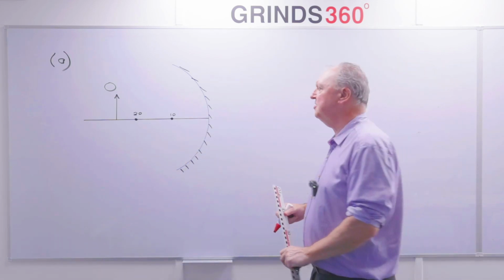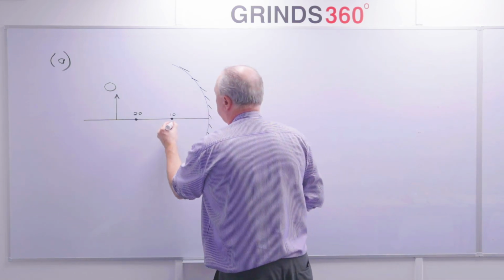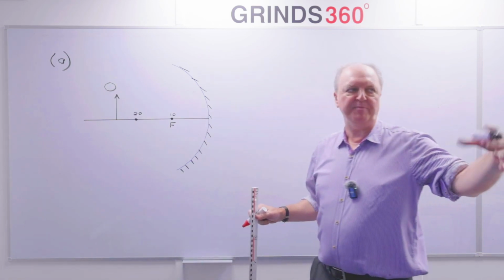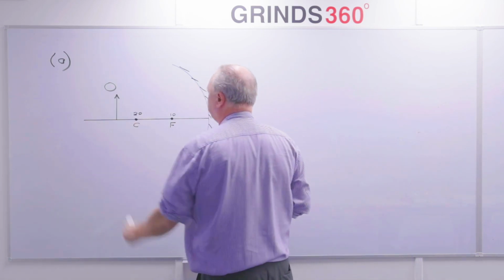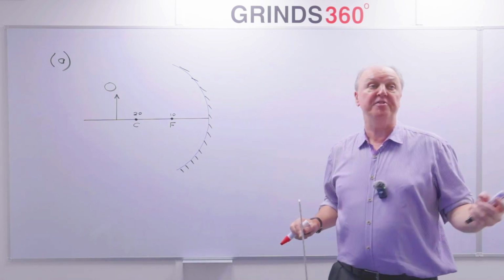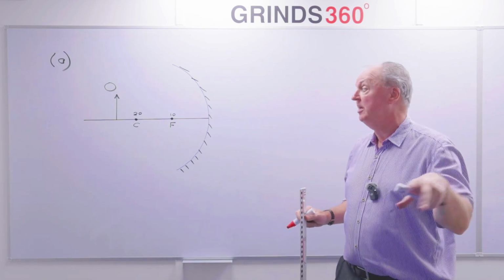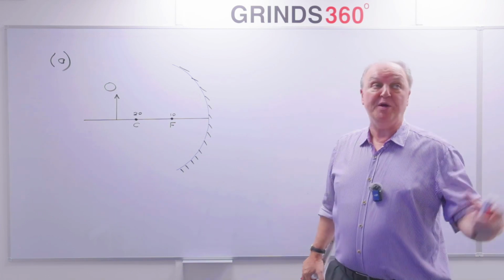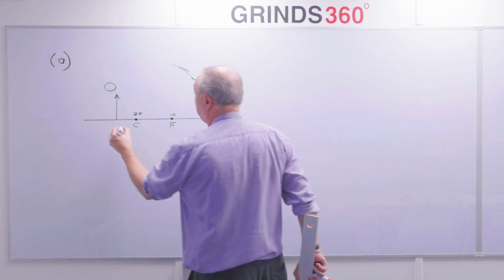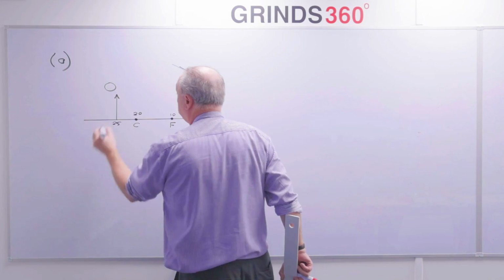F is 10 centimeters. You've got the diagrams, do this yourselves, as you can do it with me. That's the center of curvature. It's 20 centimeters. The radius of curvature is twice the focal length. The object is placed 25 centimeters, so to scale, it's about there.